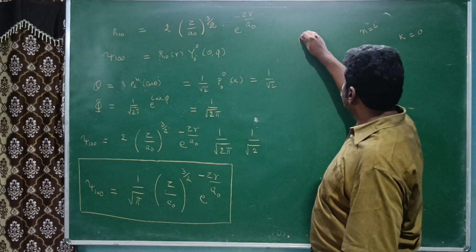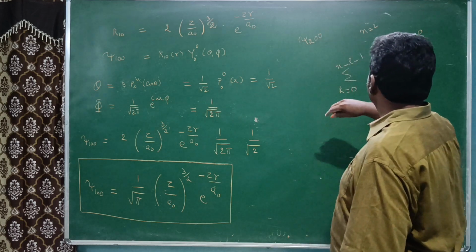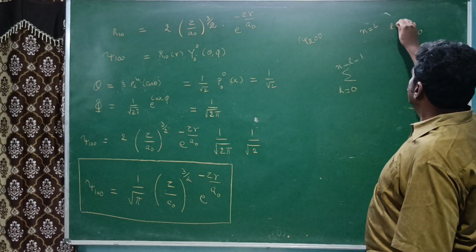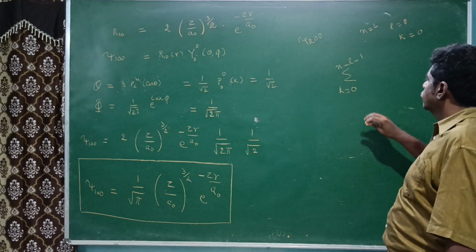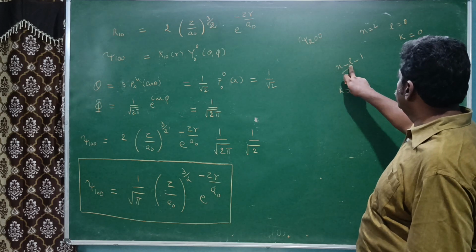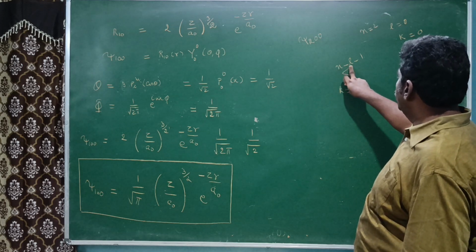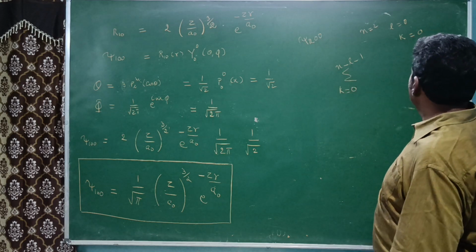If you want to find out psi 2 0 0, here l equal to 0. Put n equal to 2, l equal to 0. Then automatically 2 minus 0 minus 1 is 1.